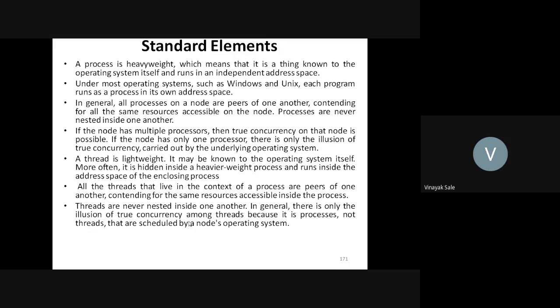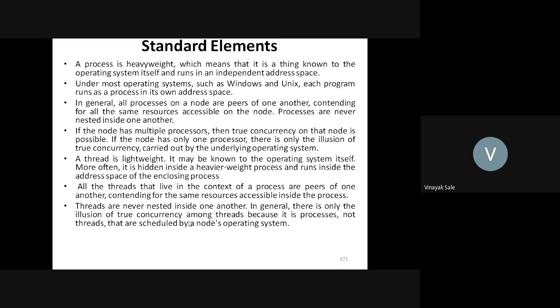Processes are never nested inside one another. If the node has multiple processors, then true concurrency on that node is possible. If the node has only one processor, there is only the illusion of true concurrency, carried out by the underlying operating system.